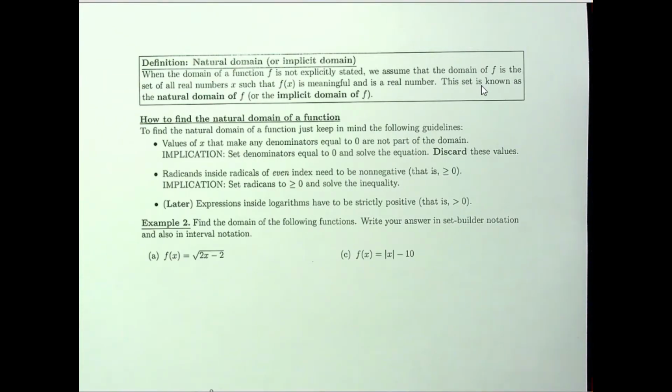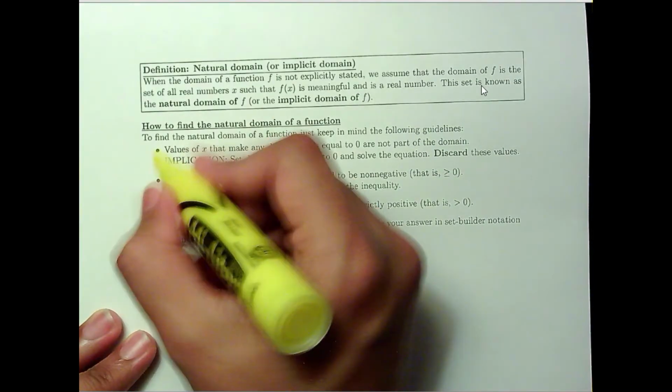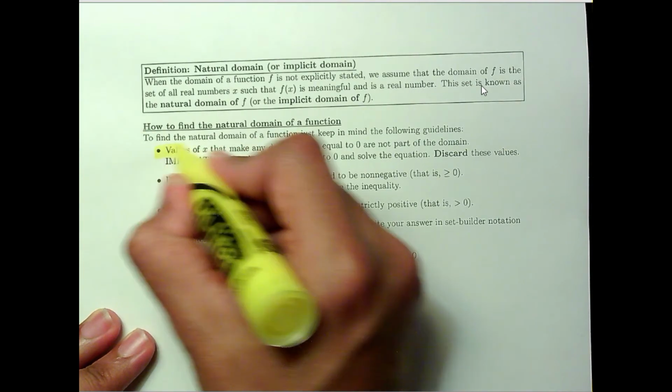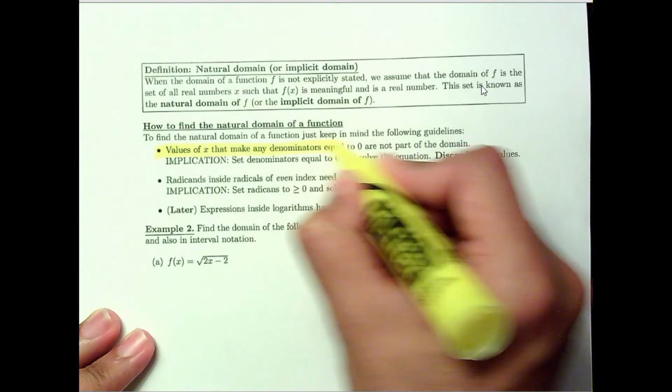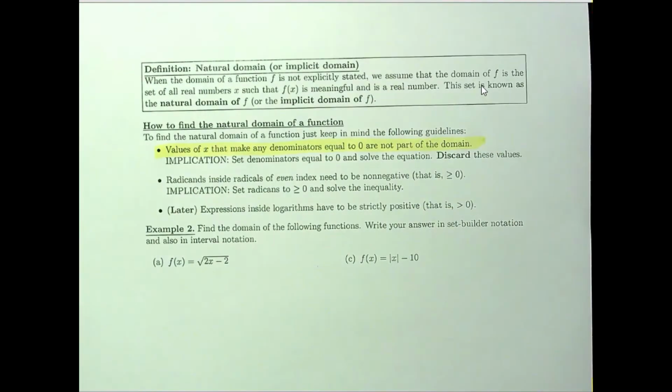So for now, we only concentrate on the first 2 bullet points. Okay, so here's what the bullet points say. When I'm looking for the natural domain of a function, I need to look out for any fractions that have variables in the bottom, in the denominator.